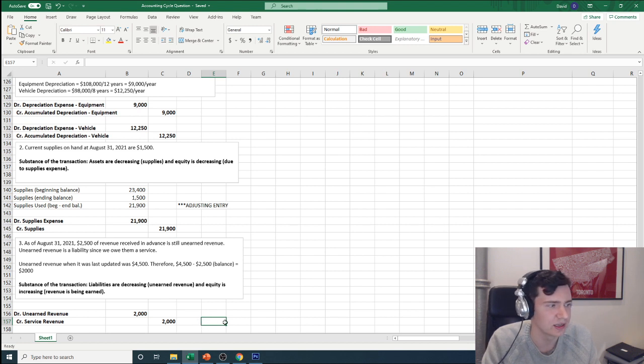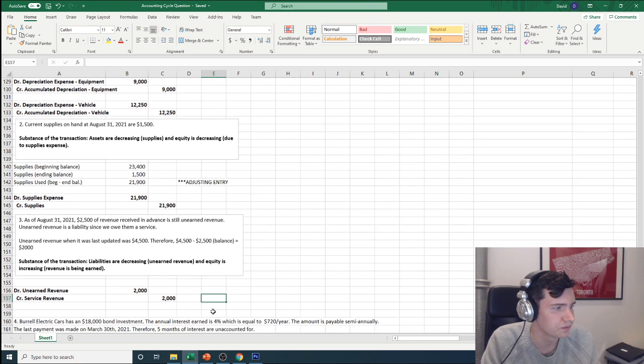That is because we've earned the revenue, and the revenue recognition principle states that once performance is complete and collectability is reasonably assured, which has already been fulfilled from the fact that we have received cash, then we're all good. We've earned that revenue. So that's why we're using an adjusting entry to show that we've earned it.